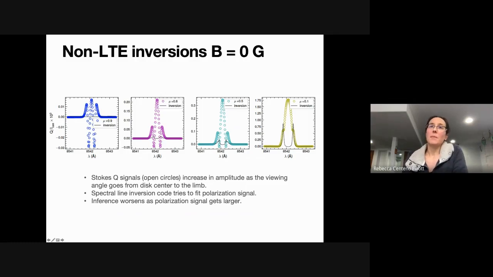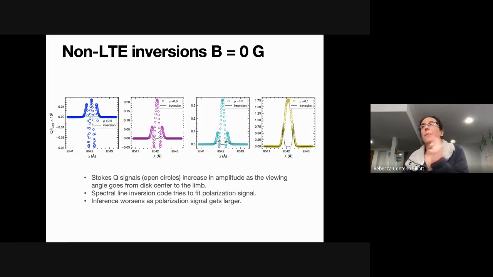This, of course, leads to magnetic field inferences that are non-zero. In fact, the inferences go from 0 in the case on the very left side, to 10 Gauss, up to 110 Gauss in the worst case, where it's trying to fit this scattering polarization signature of an observation really close to the limb.